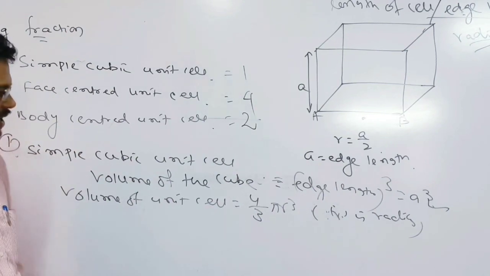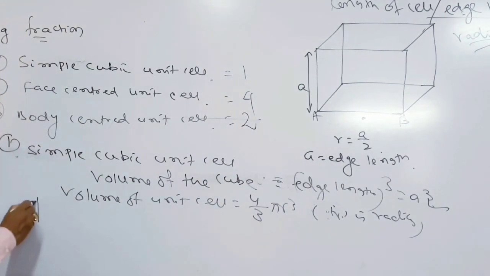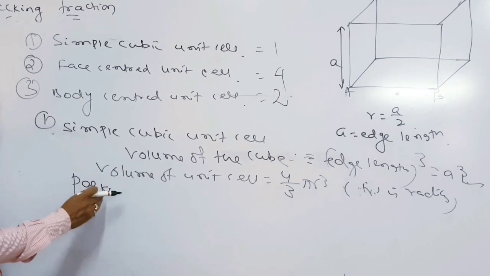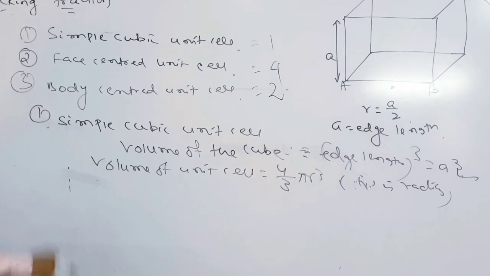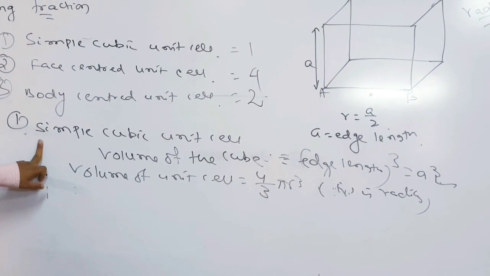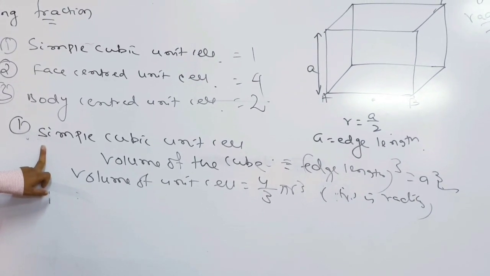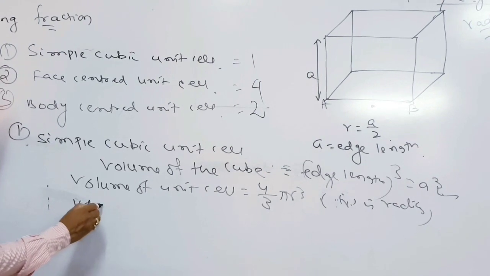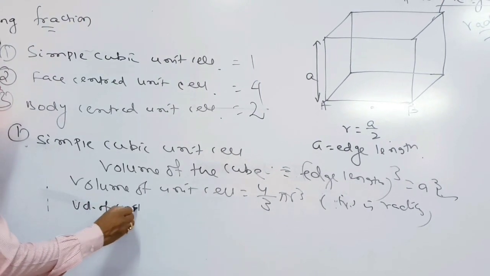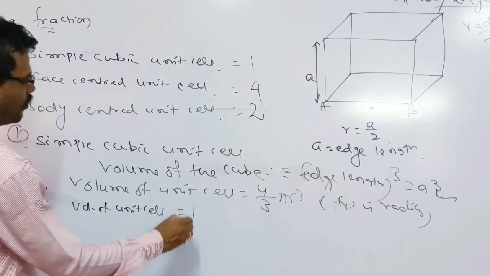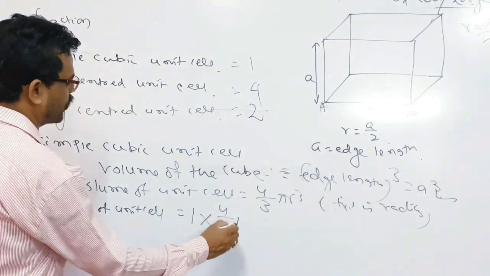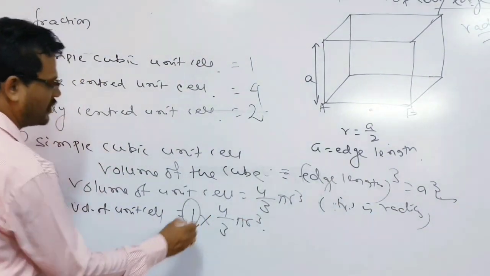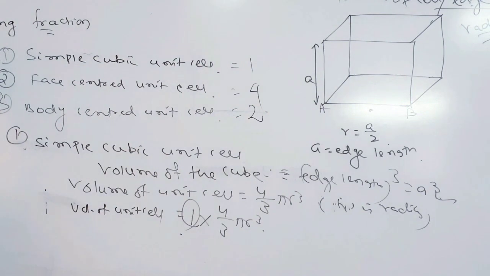Because you have taken the edge length as a, the volume of the cube is a cubed, whereas the volume of the atom is 4 by 3 pi r cubed. So in the simple cubic unit cell, since there is one atom, the volume of atoms in the unit cell is 1 multiplied by 4 by 3 pi r cubed.